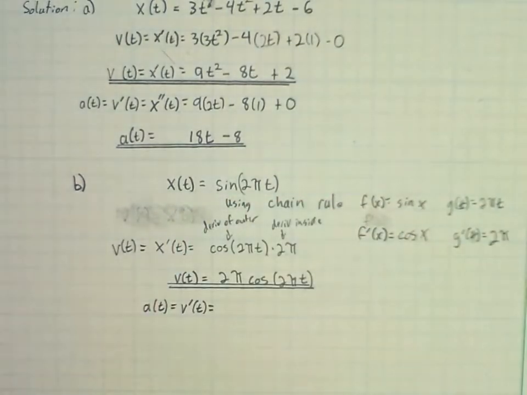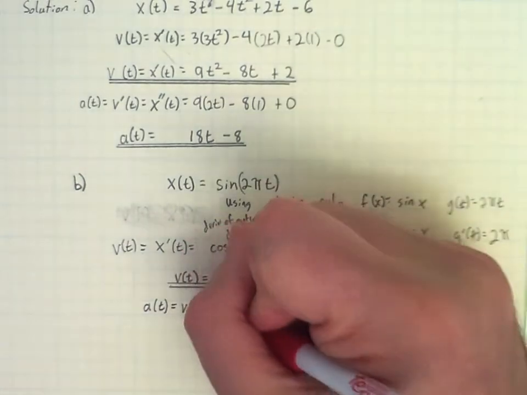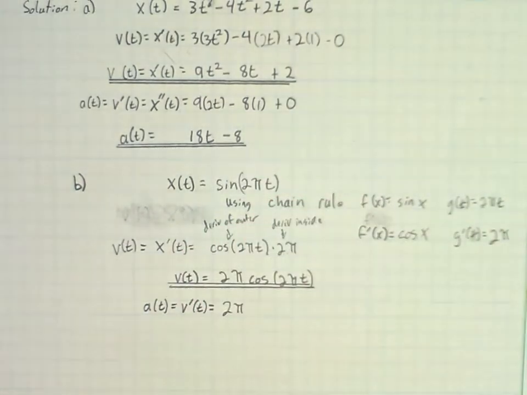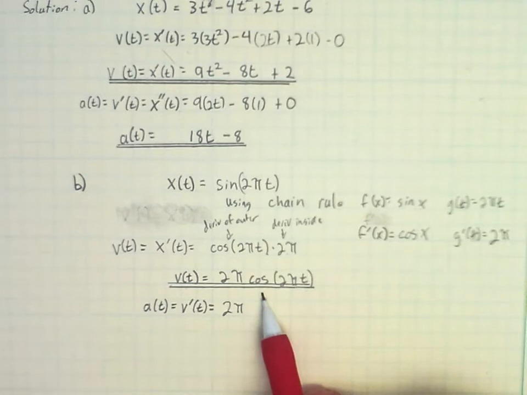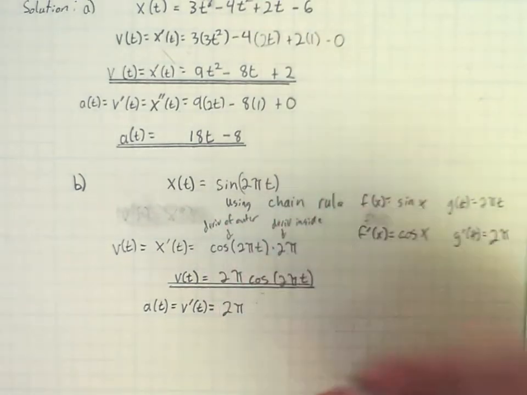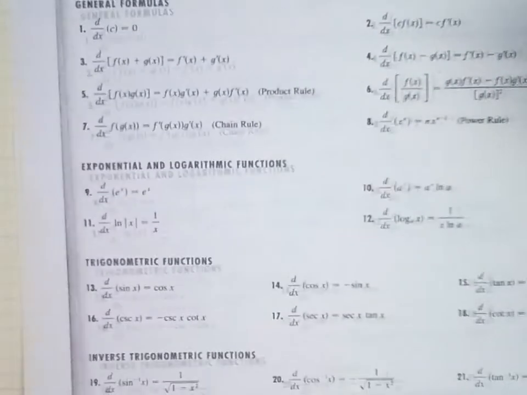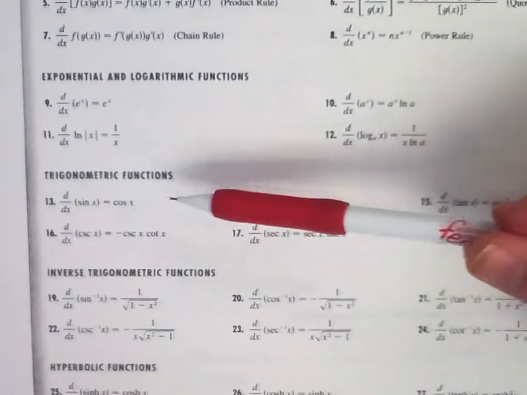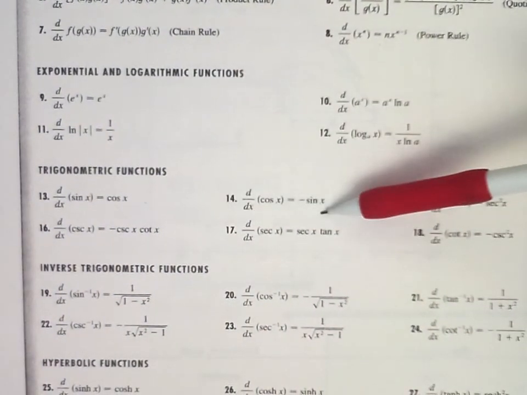So again, if I'm going to do this, I'll keep the 2 pi as a constant out front. This time my function is cosine. So when I take the derivative of cosine, the derivative of cosine is negative sine.